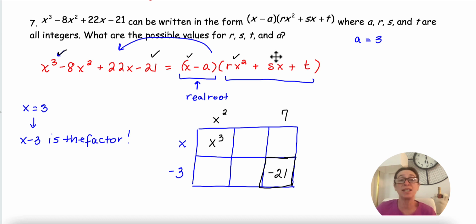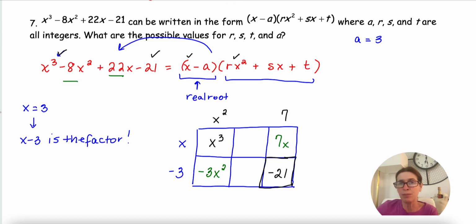Okay, so now I got to deal with everything in the middle. Now, I'm going to use those numbers to kind of guide me through this. I know that this right here would be negative 3x squared because the area of that box would be negative 3x squared. But I need to somehow get negative 8x squared. Have to think about it a little bit. I know that 7 times x would give me 7x, and I know that I need this to give me 22.